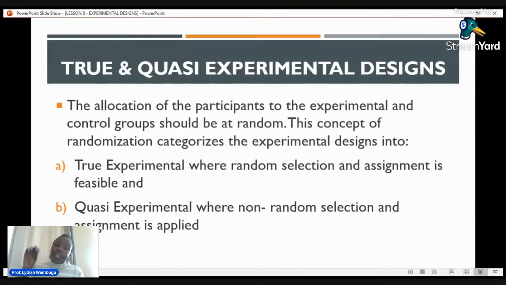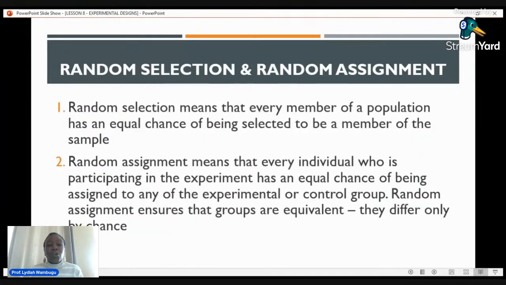We have said that the difference between true and quasi is the concept of randomization. When we talk about random selection, it means every member of the population has an equal chance of being selected to be a member of the sample.